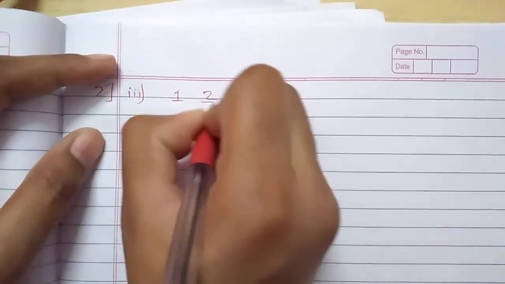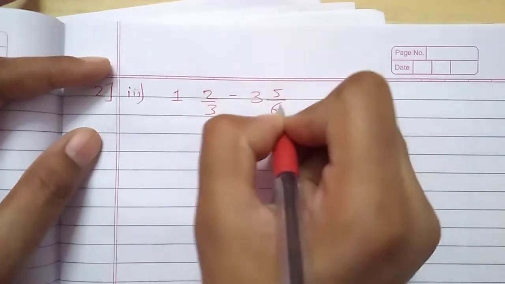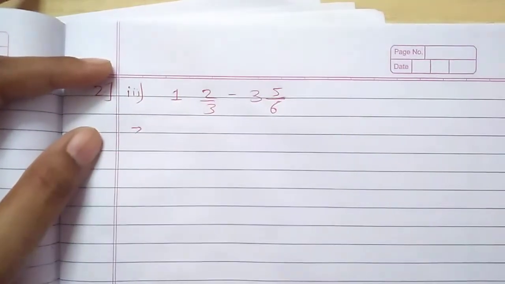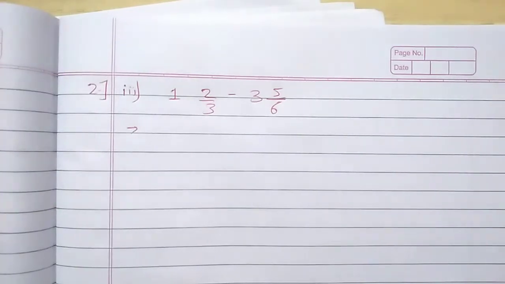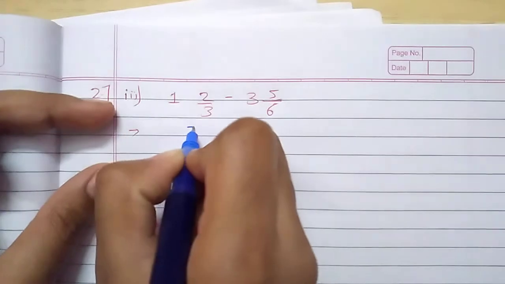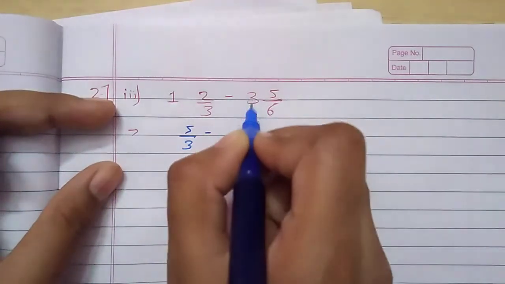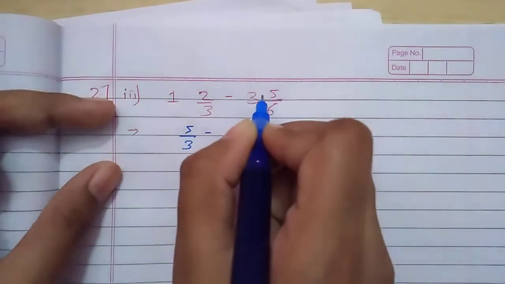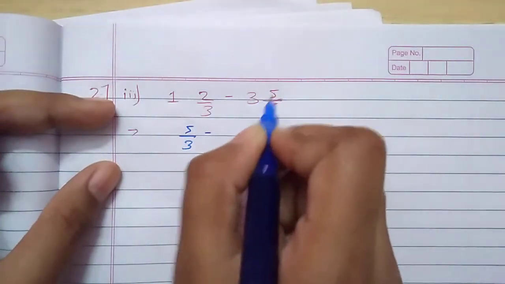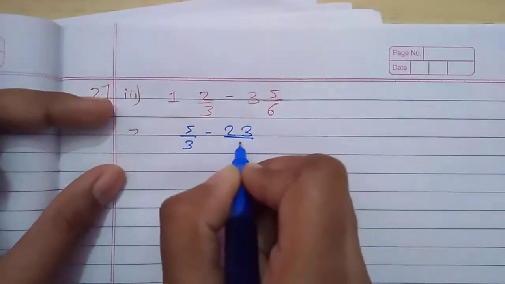1. 2 by 3 minus here 3, 5 by 6. Solve here. 3 ones are 3. 4, 5 upon 3 minus 6 3s are 6, 12, 18, 19, 20, 21, 22, 23. 23 upon 6 as it is.